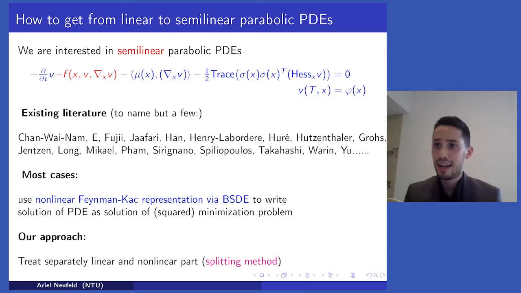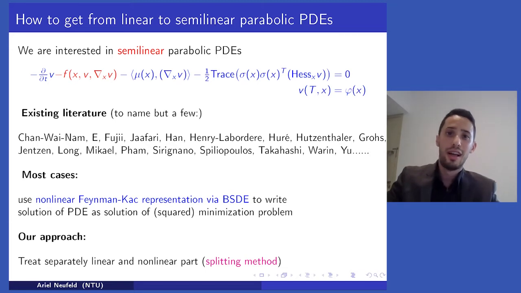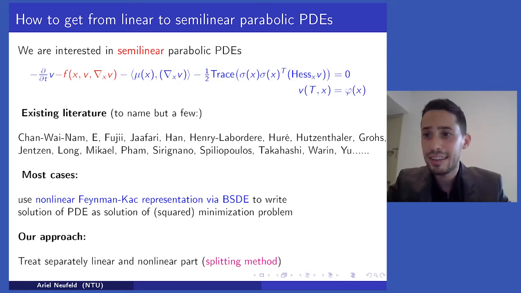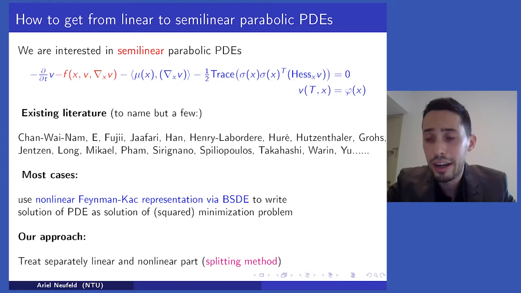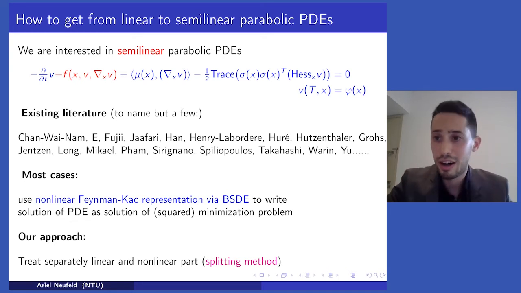The results were extremely promising: before, with classical methods, they were able to solve PDEs of dimension 7 or 8, and now with those machine learning based algorithms they were able to solve PDEs of dimension 200, 300, which is a huge improvement regarding the dimension.